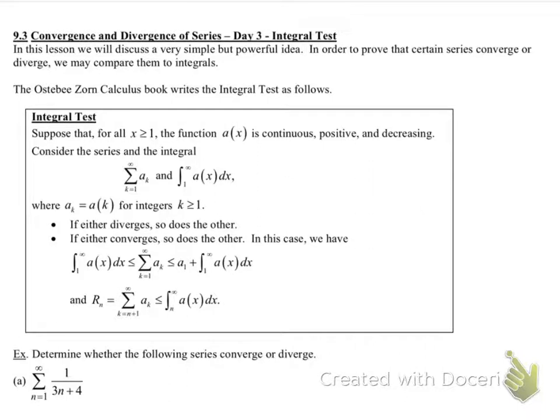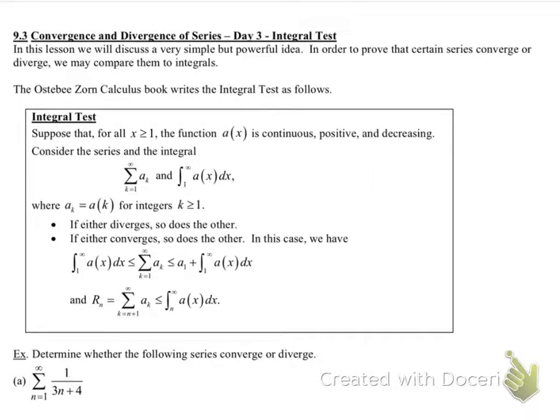And in order to understand that, you need to remember that the integral is actually just a Riemann sum. So one of them is a Riemann sum with very particular partitions, and the integral is the limit of a Riemann sum, where the number of partitions is approaching infinity, where a sub k equals a of k for integers k greater than or equal to 1. If either diverges, so does the other. If either converges, so does the other.